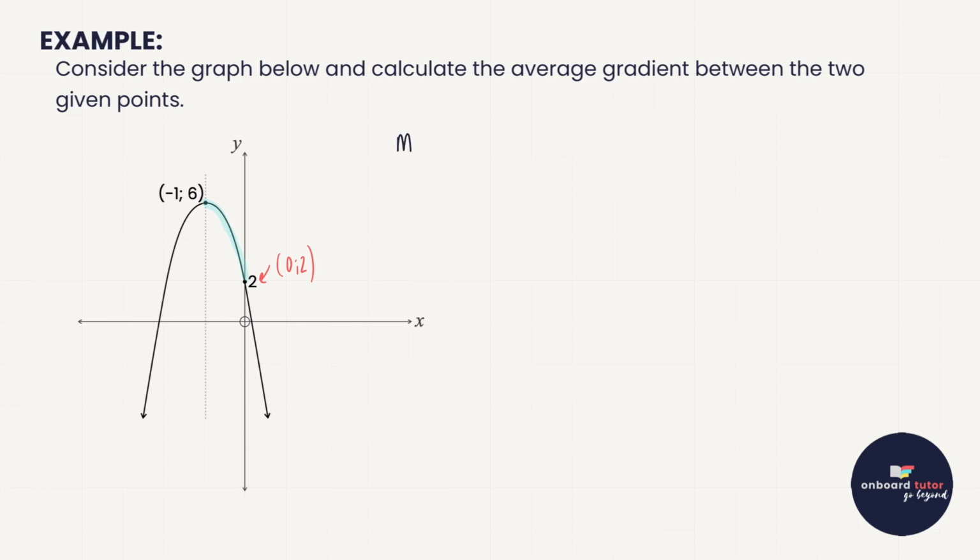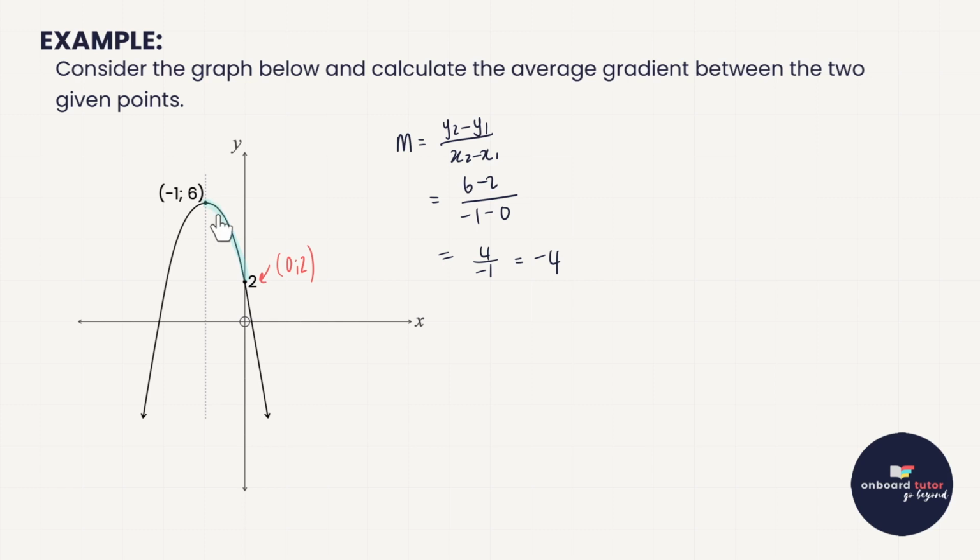The average gradient is going to be y2 minus y1 over x2 minus x1, and we could substitute: 6 minus 2 over minus 1 minus 0. We get 4 over minus 1, and so the average gradient there is minus 4.